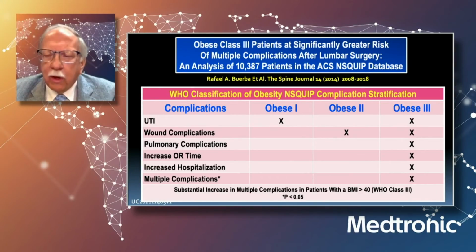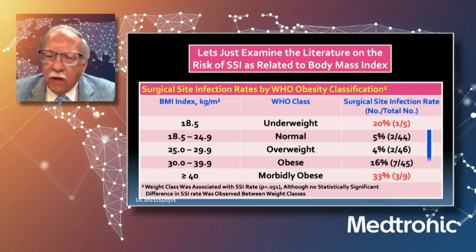So these are the patients you really want to try to avoid increased complications in, and you're going to have to try to do something more for them. They additionally found that you can also be underweight. Cachectic people also have a much higher incidence of infection and complications. Common sense, we've known this for decades, is just now really quantified for us.